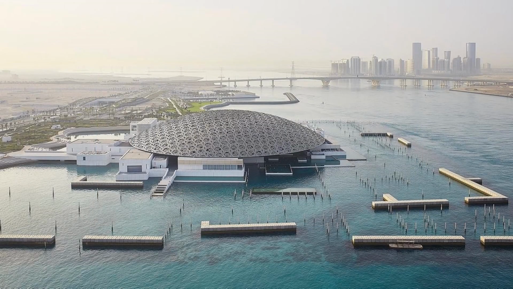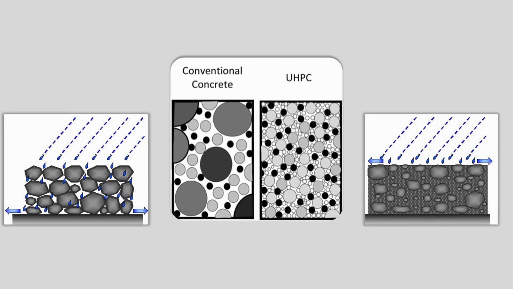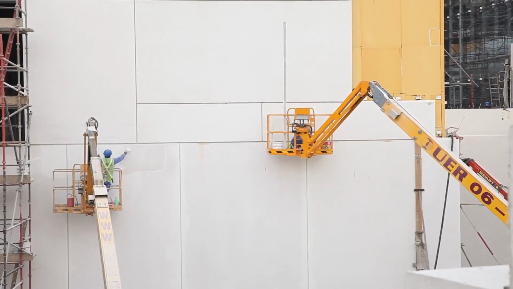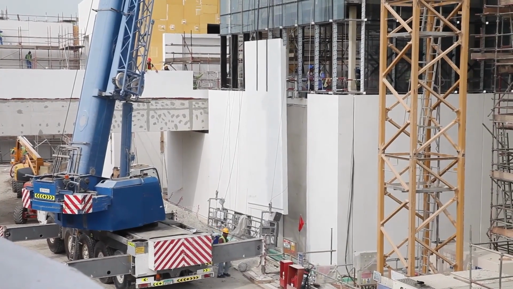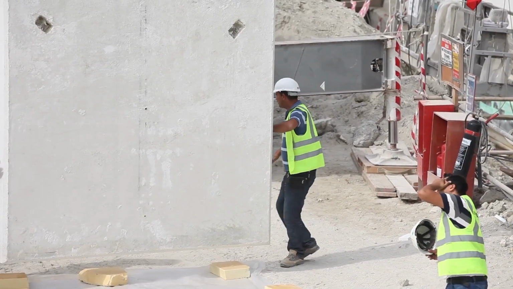In addition, the location of the Louvre Abu Dhabi is on the sea. Therefore, ultra-high performance concrete with smaller pores than regular concrete can be used to prevent moisture penetration. These UHPC panels were used directly as exterior cladding to create white walls in the building.